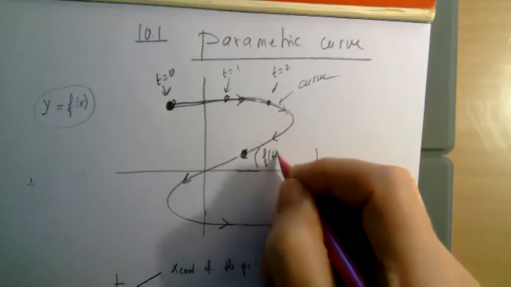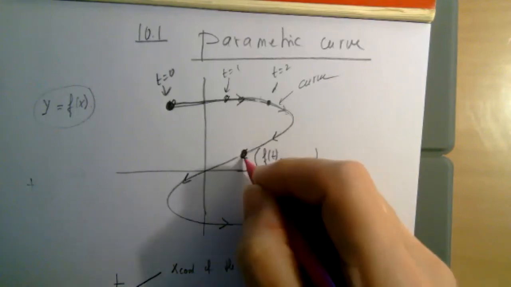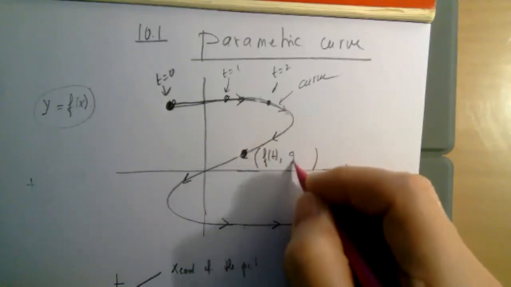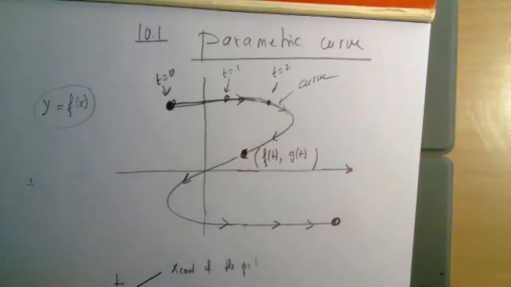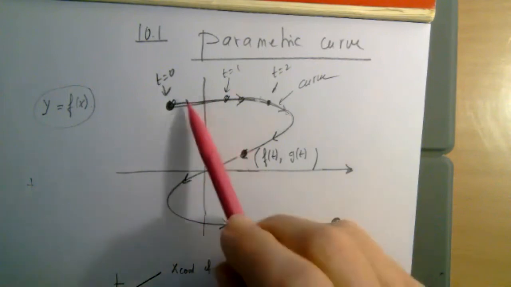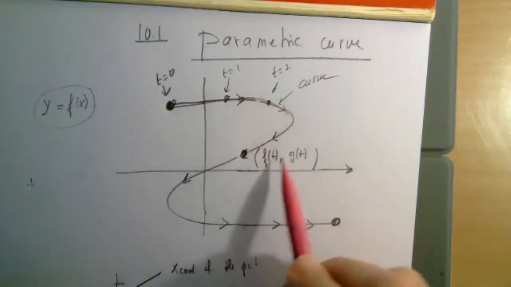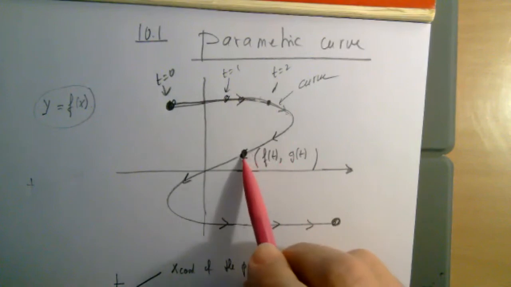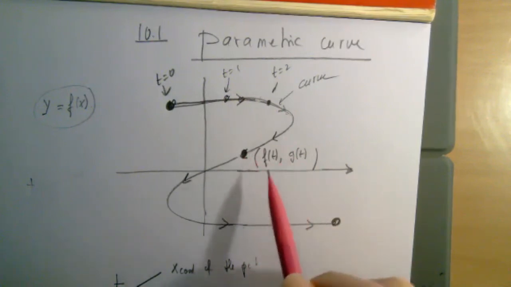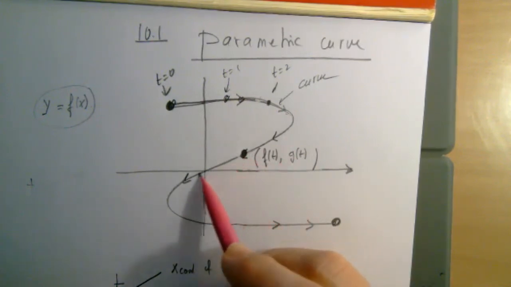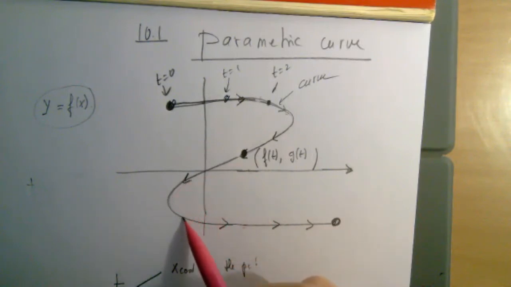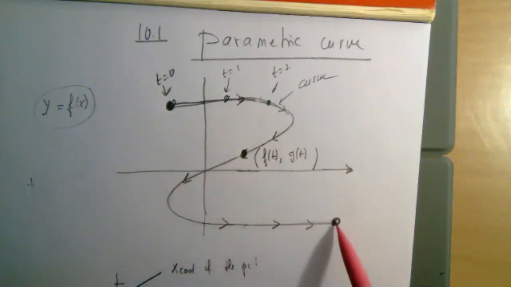So I give you two functions: f, which tells you what the x coordinate is, and g, which tells you where the y coordinate is. Then as time goes by, I will be able to trace the whole curve.